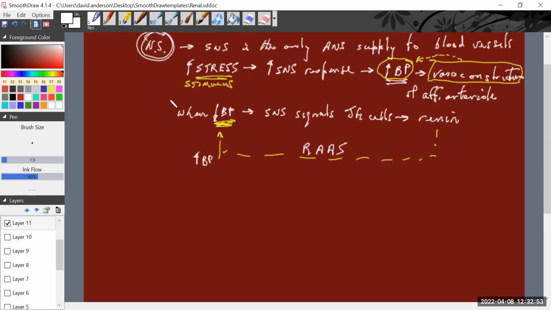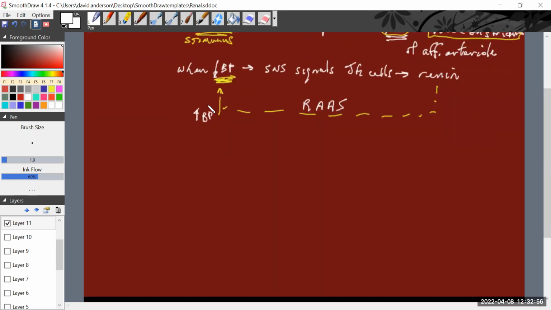So we now know about autoregulation. We know the role that the sympathetic division is going to play. And we already know a little bit about the endocrine mechanisms because we mentioned aldosterone. When we talk about endocrine regulation of the nephron, we're talking about that RAAS, and we know we're going to get angiotensin 2 out of that pathway, which is about increasing blood pressure.